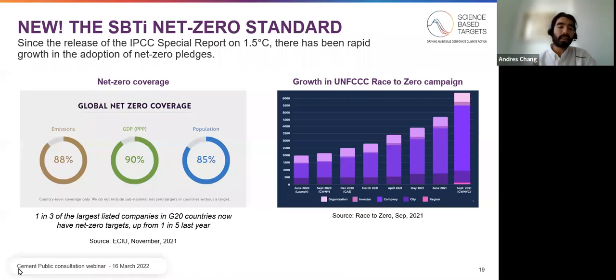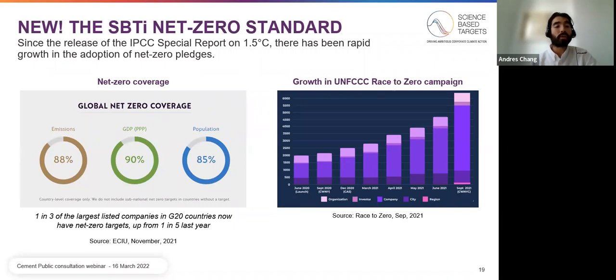We on the SBTi saw an important gap to fill in terms of helping improve the quality of these targets and really harnessing that energy to make sure that we're aligning with what's needed to reach net zero at the global level. These charts just show some of the coverage of net zero targets on the left.